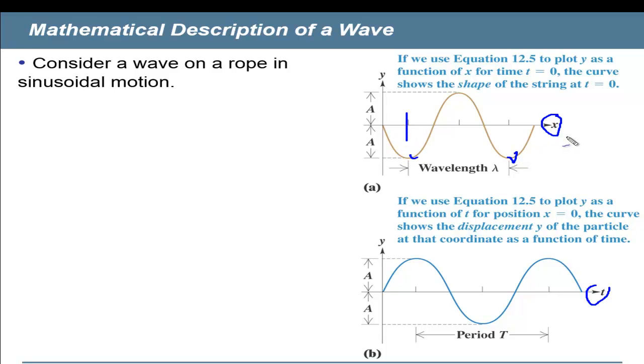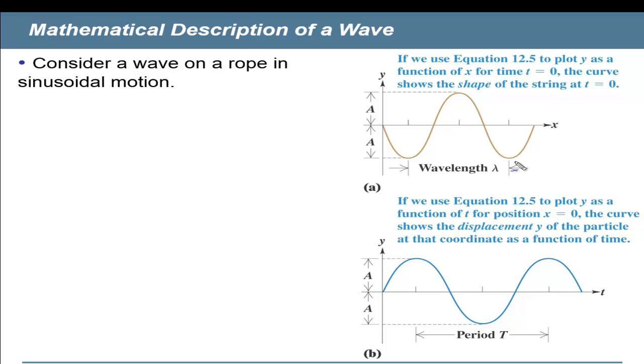If we're plotting in x, then that's our wavelength. If we're plotting in time, then the distance between the troughs or the crests is the period, right? That's just what I was talking about a few slides ago, and I just wanted to point that out.